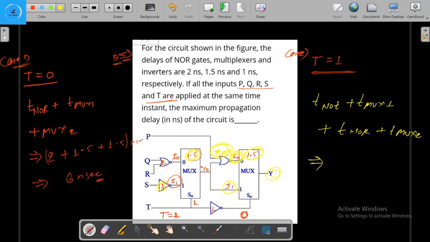So here total time is t of NOT 1 nanosecond, plus t of mux 1 1.5 nanosecond, plus t of NOR 2 nanosecond, and t of mux 2 is 1.5 nanosecond. Okay, 5 nanosecond total. We are going to get the delay for the output y.